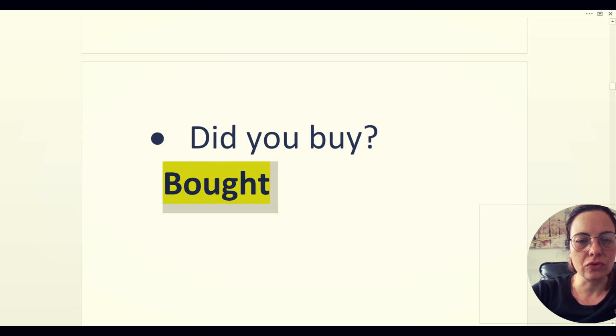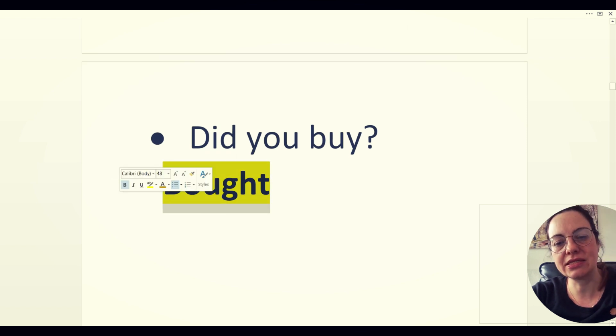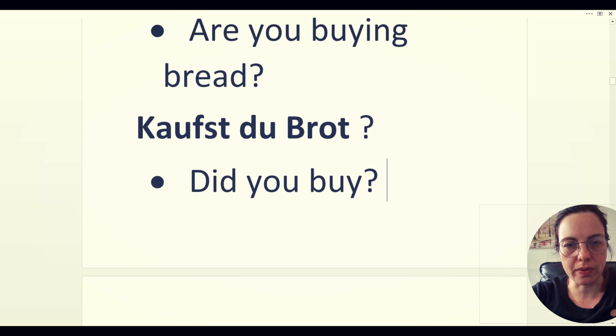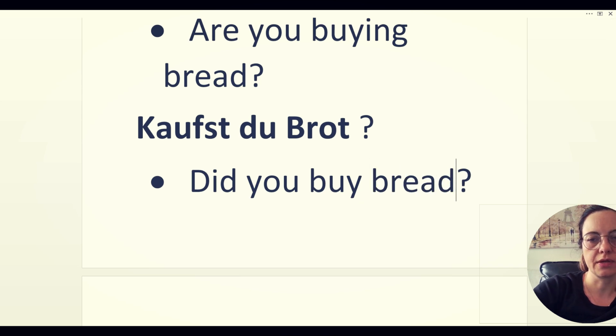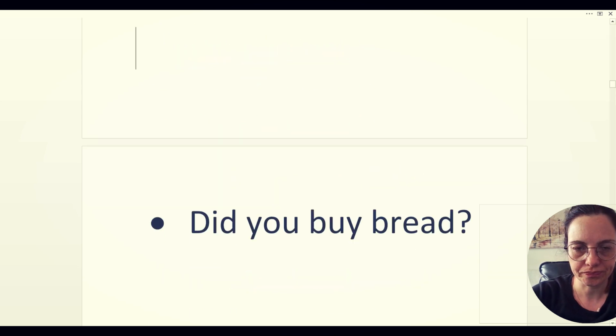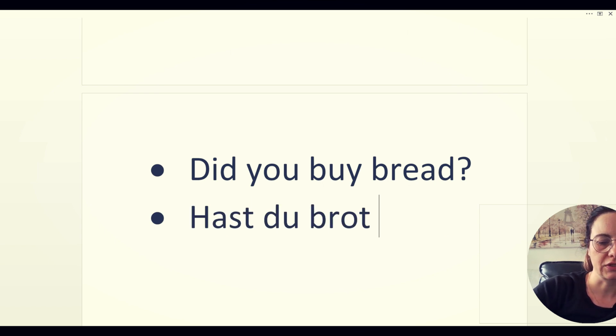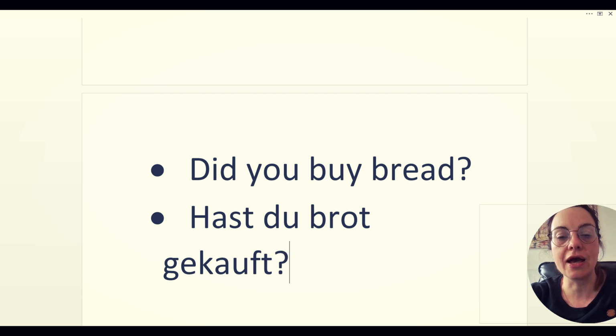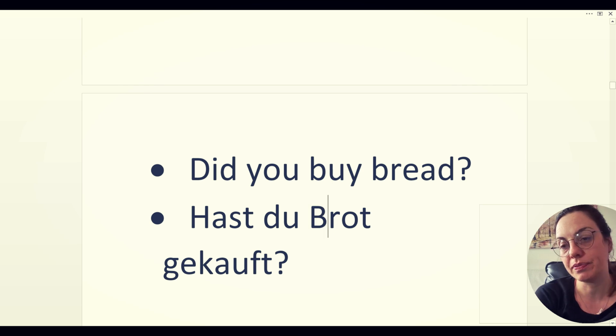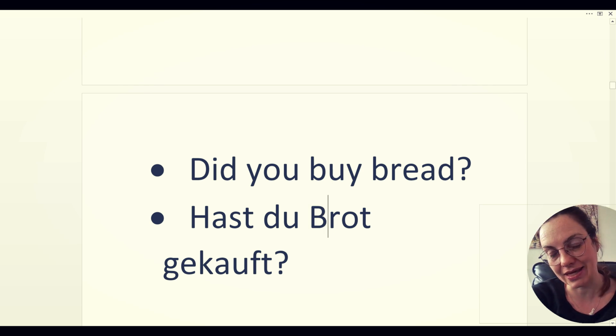And how would we translate the sentence, did you buy bread, using perfect in German? Hast du Brot gekauft? So similar to hast du gearbeitet, because kaufen and arbeiten are regular verbs. So we have ge at the beginning and t at the end.